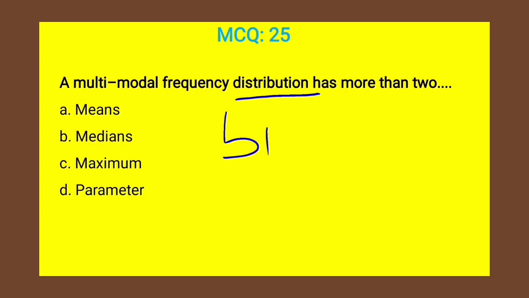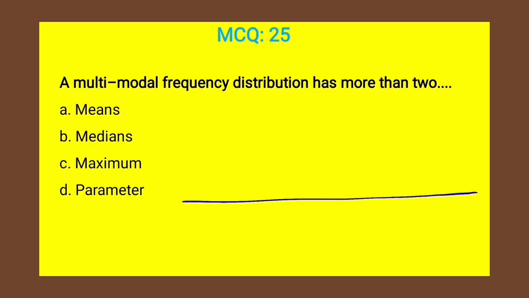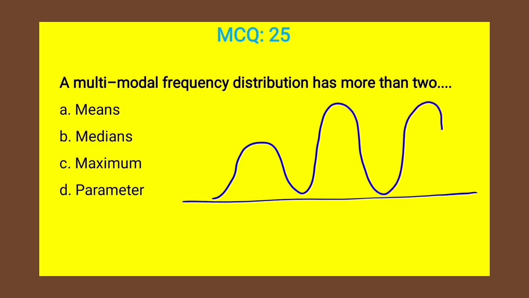Is that okay? Good. So if I had to represent a multimodal frequency in the form of a graph, let's say I have my first mode, my second mode will be a peak, and my third mode. In a normal distribution form, this is my first peak, this is my second peak, and this is my third peak for the mode.